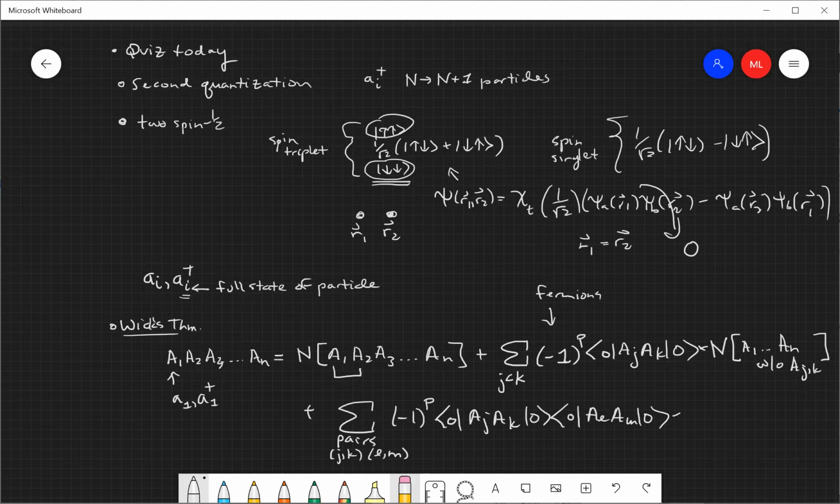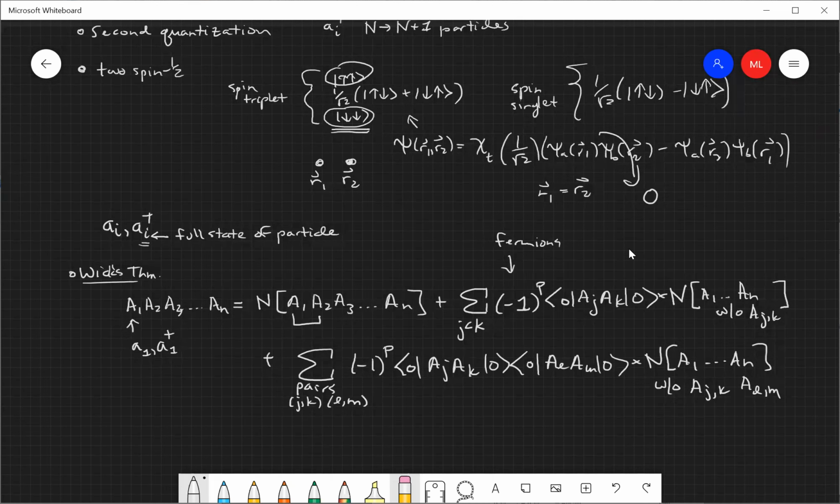And then this is all multiplied by the normal ordering of, again, A1 through AN, and this time it's without AJK and without ALM. And so on. You keep going until you've contracted all of them, and you're left with either one operator or none. So that's Wick's theorem, and I just wanted to do an example.